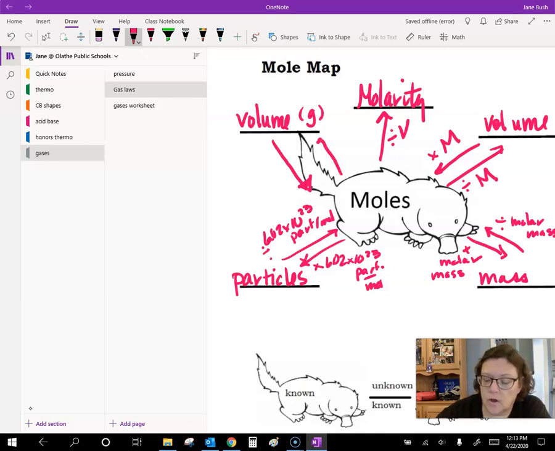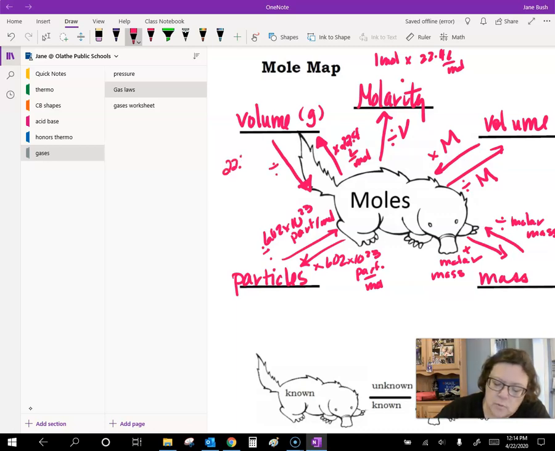I have to make sure I do the conversion right. 22.4 liters in 1 mole. So 1 mole times 22.4 liters per mole. So you're going to multiply by 22.4 liters per mole and divide by 22.4 liters per mole.